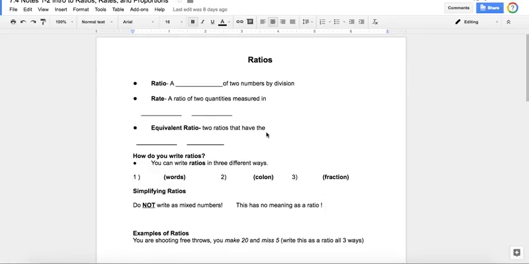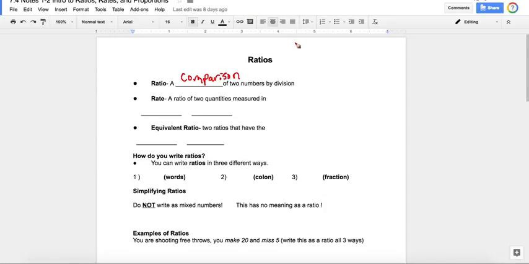So let's review. You've learned ratios before. So let's see if you can come up with the blanks here. Ratio, a blank of two numbers by division. Comparison, so it's a comparison of two numbers by division.